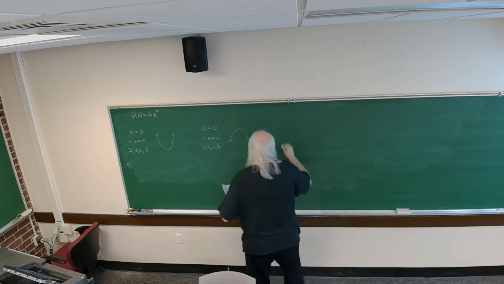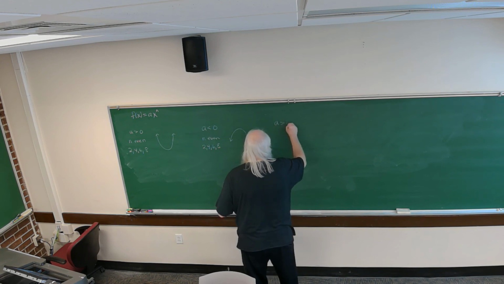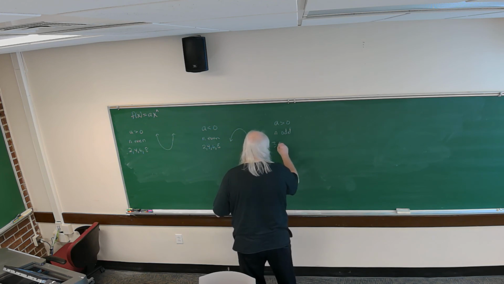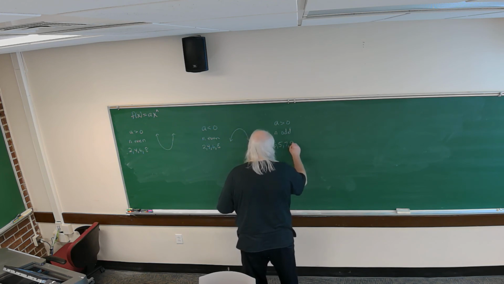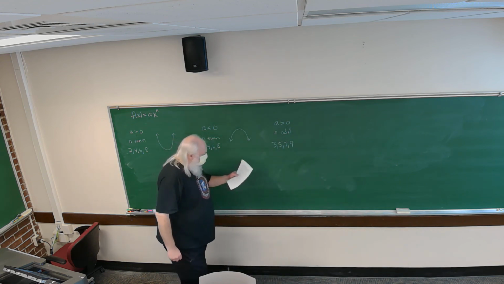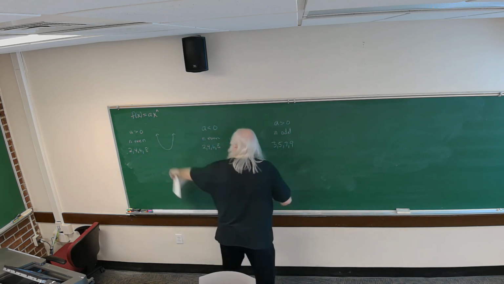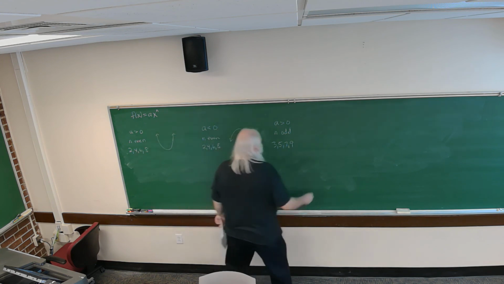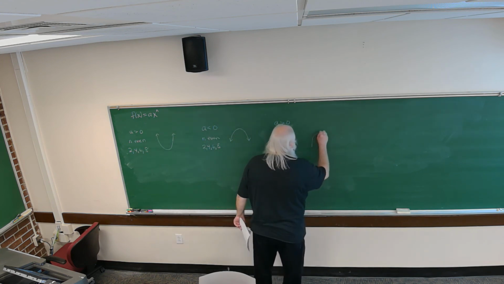If a is positive and n is odd, like 3, 5, 7, 9, and so forth, then the graph of this function f of x equals a times x to the n will be similar to the cubing function.